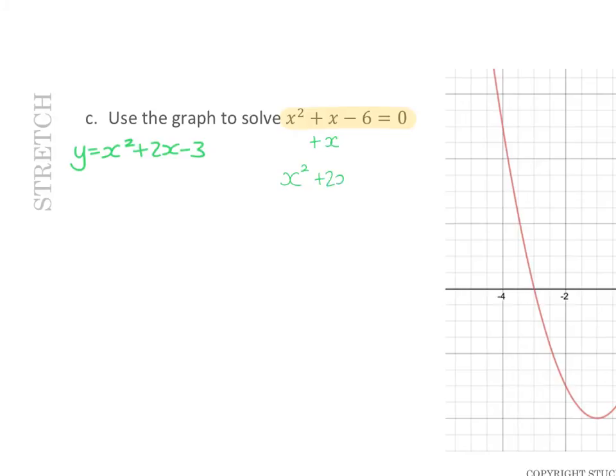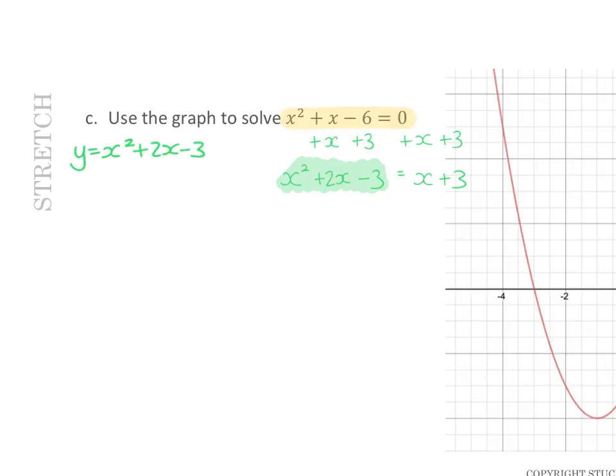Then that'll be plus 2x, but remember we have to do it on both sides as well. Now if I want to get to minus 3, I need to add a 3 onto here. So if I add 3, I get minus 3, and that equals x plus 3. And now I have a green light because this is what I need it to be.